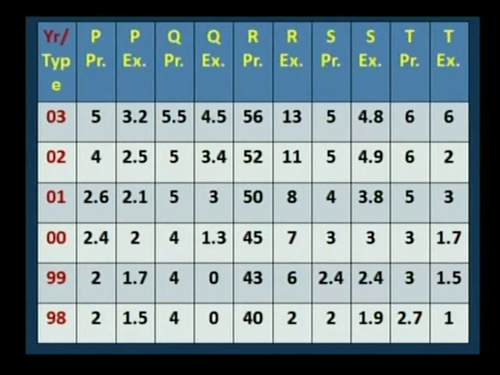Then 13, 11, 8, 7, 6, 2, 5, 5, 4, 3, 2.4, 2, 4.8, 4.9, 3.8, 3, 2.4, 1.9, 6, next is 6, 6, 5, 3, 3, 2.7. Next is 6, 2, 3, 1.7, 1.5, 1.